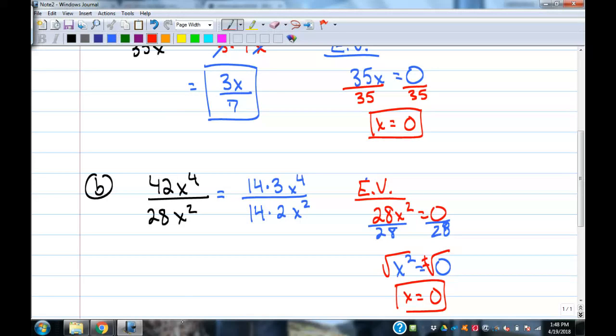The 14s, obviously, they're the same. They cancel each other out. And the 2 x's on the bottom cancel 2 of the x's up top. So what's left? 3x squared on top. What's on the bottom? Just a 2. We simplified a rational expression.